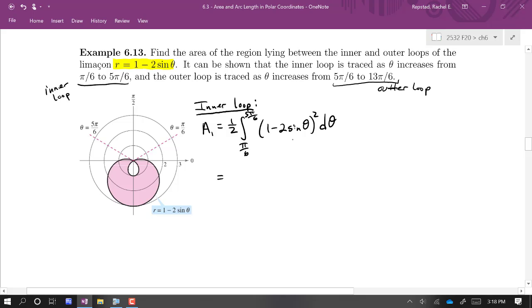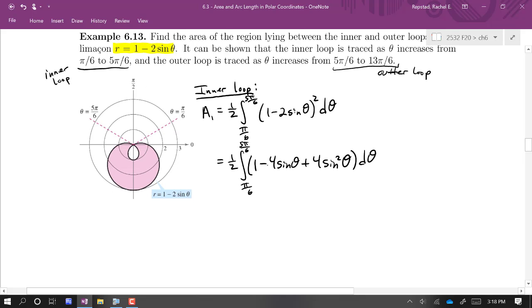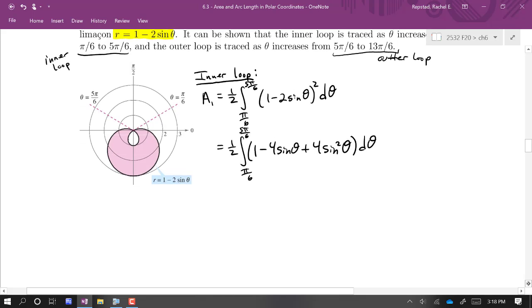There's not a simple u substitution that's going to work in this form, so I'm going to expand out that product. So we get 1 minus 4 sine theta plus 4 sine squared theta d theta. We know how to integrate 1, we know how to integrate 4 sine theta, and then we have this term that's a sine squared. So in an even power of sine, we're going to use that half angle identity for sine this time to rewrite this.